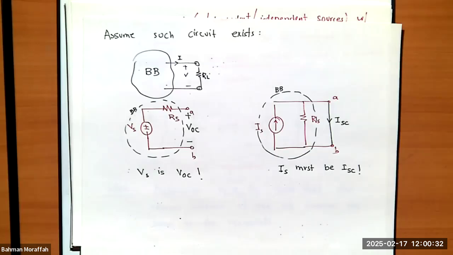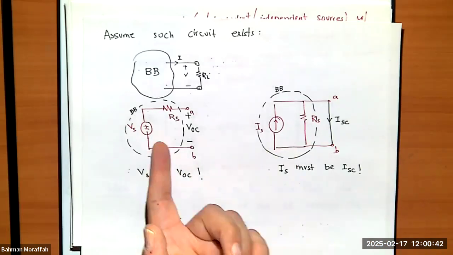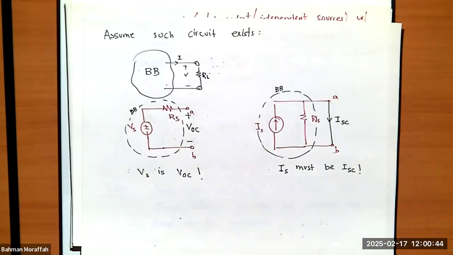We're also going to learn a shortcut for very special cases to find this Rs. But in general, since these two circuits are exactly the same, because they're representing the exact same black box, the external behavior of them, if I look at A and B in the current divider version and A and B in the voltage divider version, should represent the exact same thing, right?